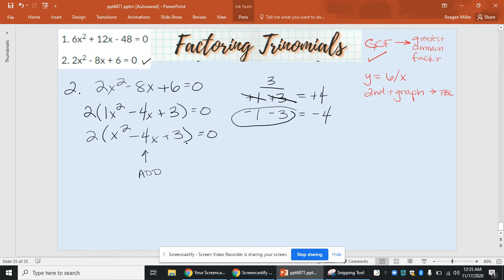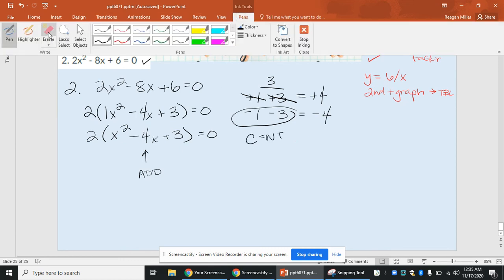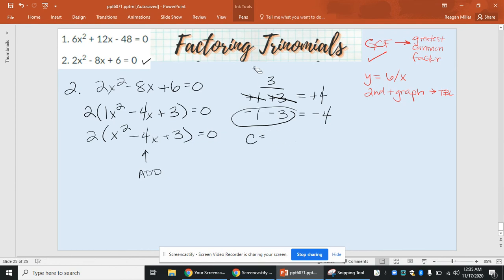And it will always be like that if your C is positive and your B is negative, then you will always factor it into two negative numbers. So I have x minus 1 and x minus 3.